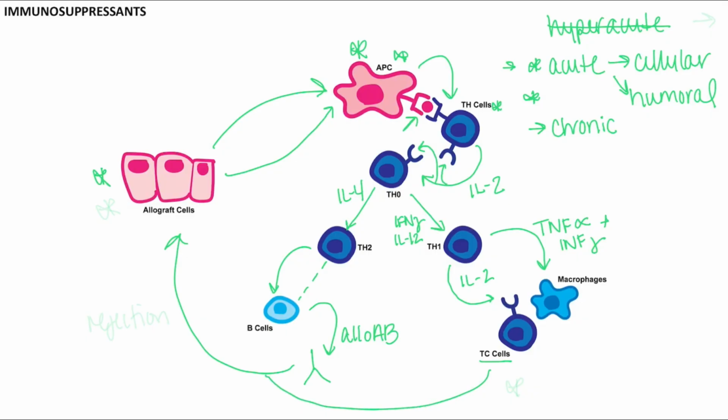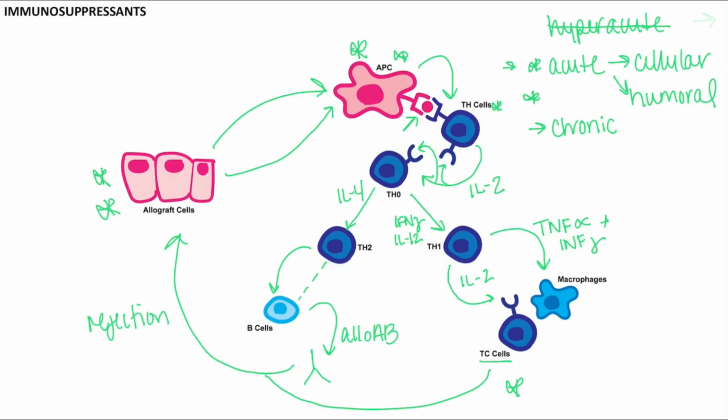So this cascade leads to the formation of a slew of immune effectors that are primed to continue to recognize the allograft as foreign and mount the initial immune response as well as propagate the response, potentially leading to acute or chronic rejection depending upon the time frame.